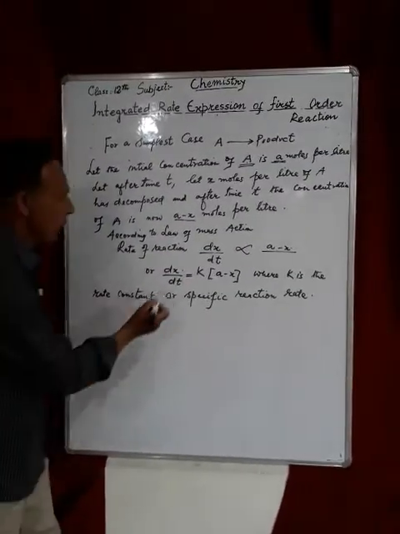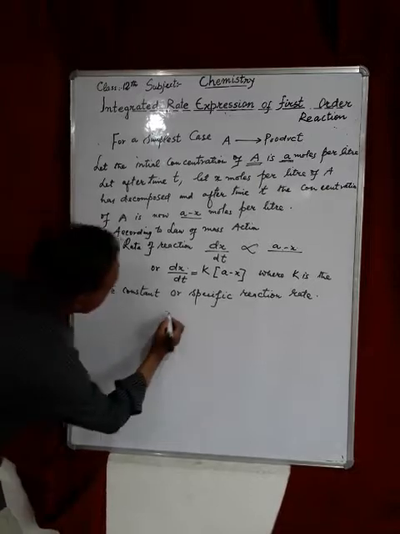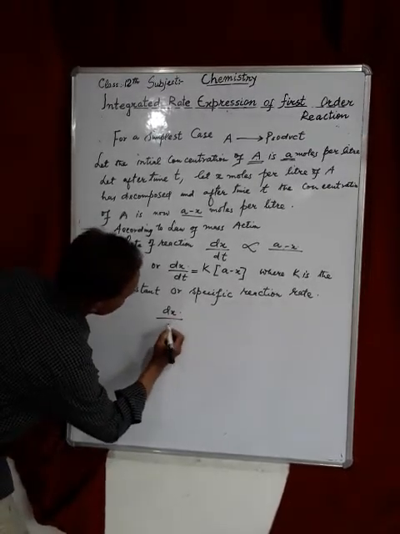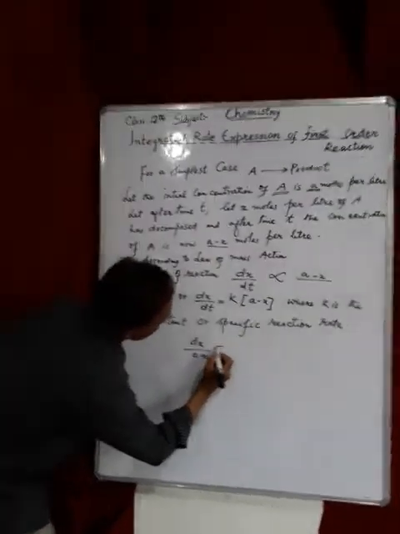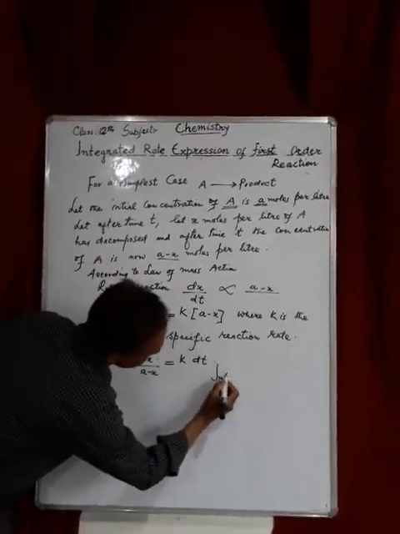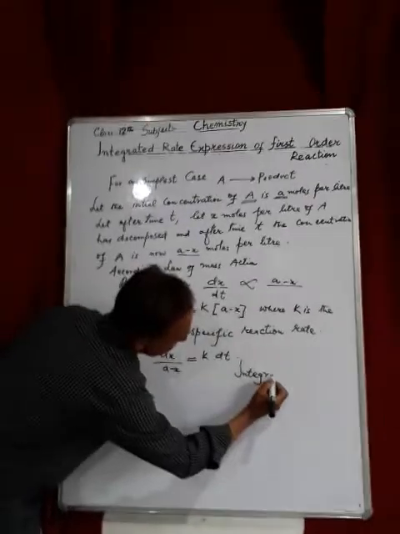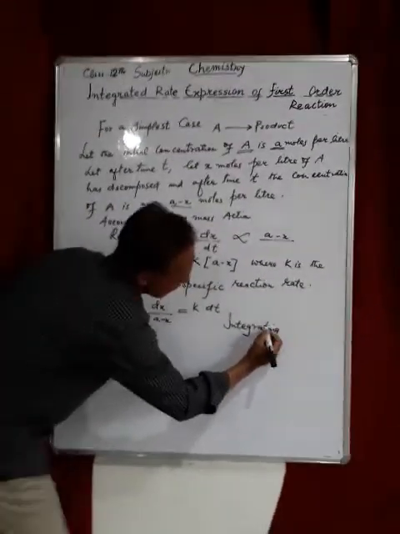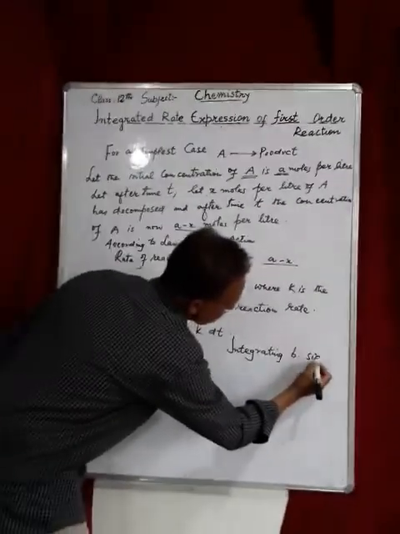Now we can write dx by a minus x is equal to k dt, integrating both sides.